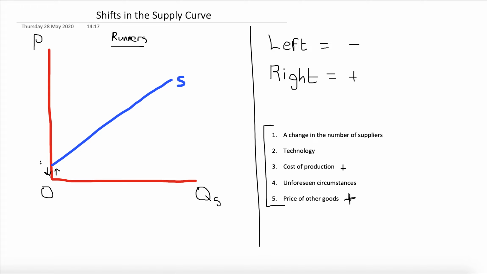So until we reach this P1 here, which is where the supply curve starts, we're not going to produce anything. Once we reach that point, well then we'll start to obey the law of supply, where as the price goes up to P2, we'll supply more, and as the price goes up even further, we'll supply more again. Okay, but generally the supply curve starts somewhere along the y-axis.